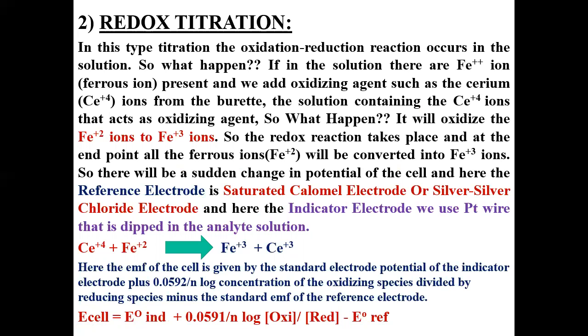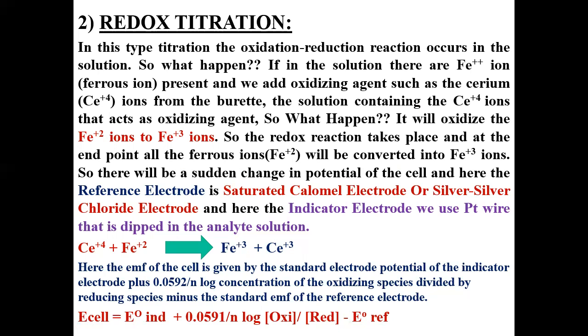So the redox reaction takes place, and at the end point, all the ferrous ions, Fe2+ ions, will be converted into ferric ions, Fe3+ ions. So there will be a sudden change in the potential of the cell. The reference electrode that is used generally is the saturated calomel electrode or silver chloride electrode.